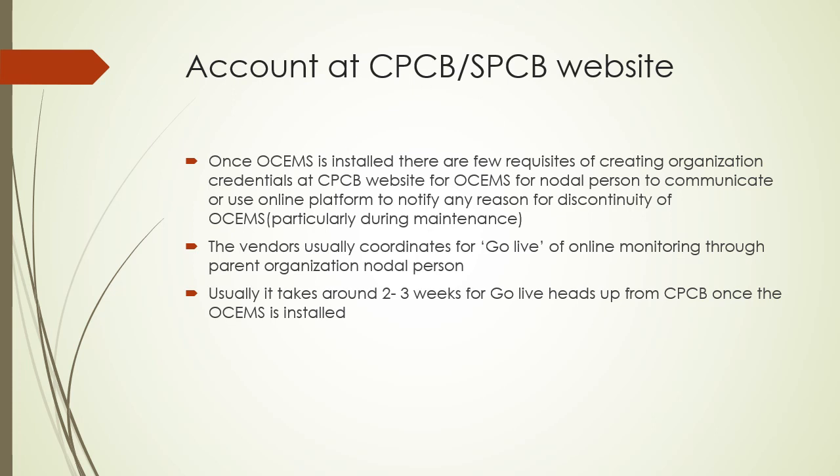So we need to notify CPCB. How do we do that? They have a portal wherein you'll have your login ID and password, and you can put in that the OCEMS will not be operating, for example, from December 2022 to January 2023 due to some maintenance activities. In that particular time, of course, the server will be online, but whatever readings there are won't be considered by CPCB.